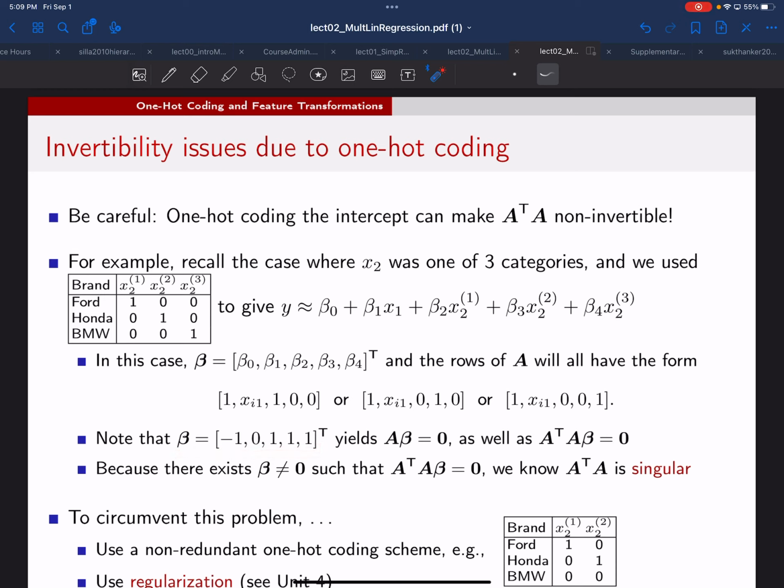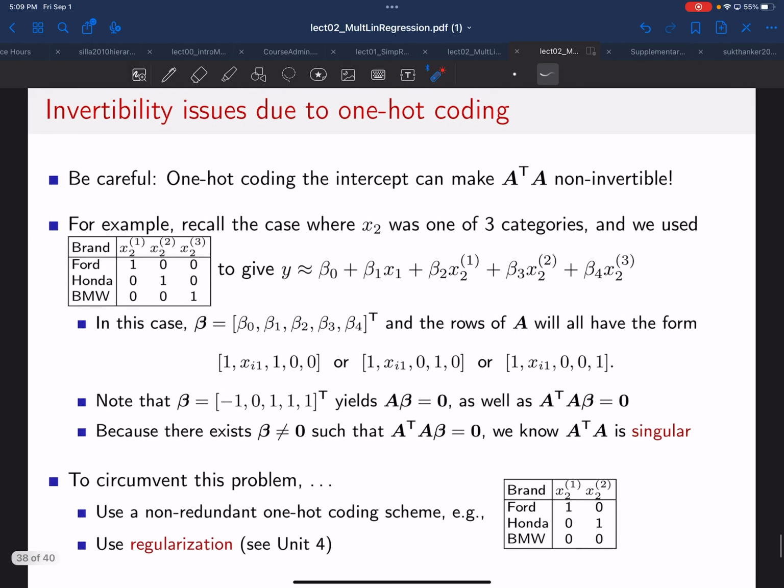I can never recover that from the output. So I've lost information when I put this through this A transpose A matrix or system. So this matrix is not invertible. Whenever you multiply a matrix by a non-zero vector and that gives you 0, it's not an invertible matrix. So this is just a proof that this happens.